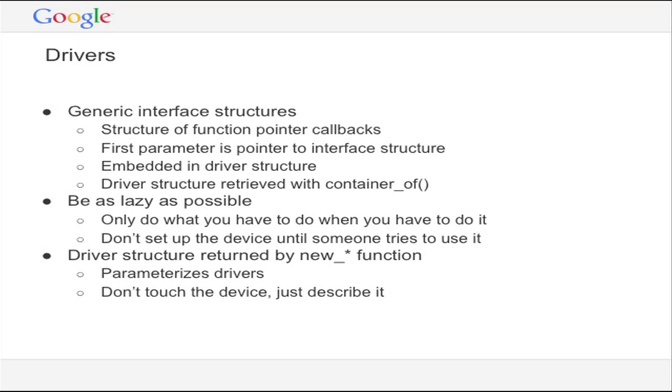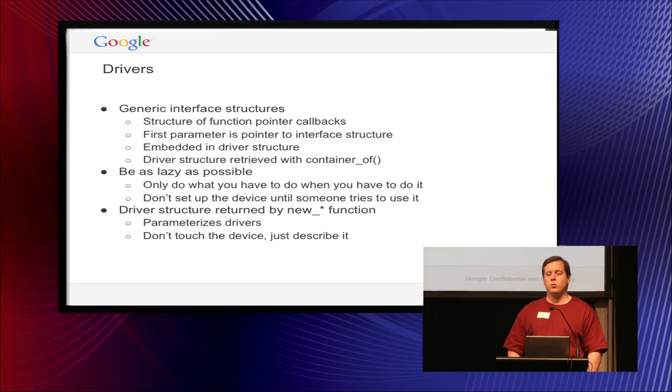And then those structures are embedded within a larger structure which has the information for that particular device. So for instance, if you had a UART and you needed to keep track of what speed it was supposed to run at and what, let's say it's a PCI device, what its PCI device number is, that information would go in the larger containing structure. And then the generic interface structure would have something simpler like print or read. And those would be the normal interface.